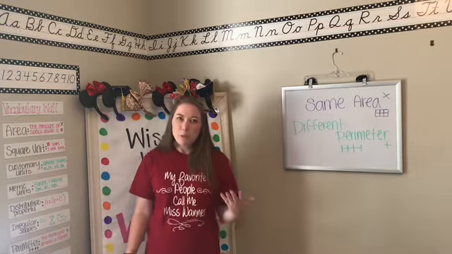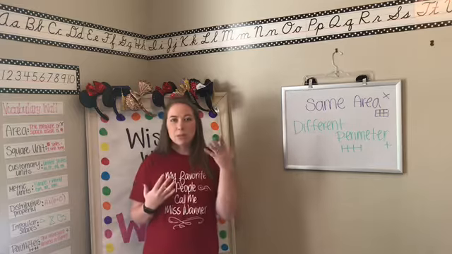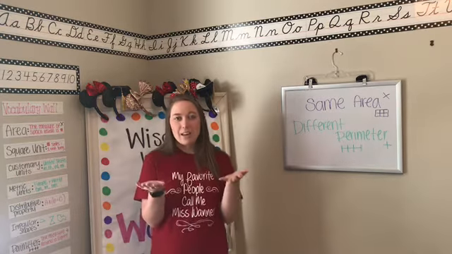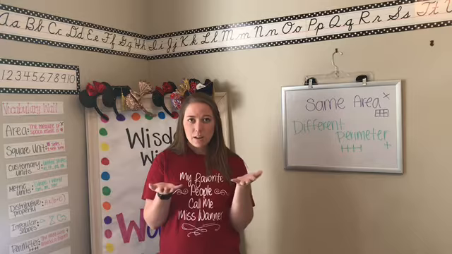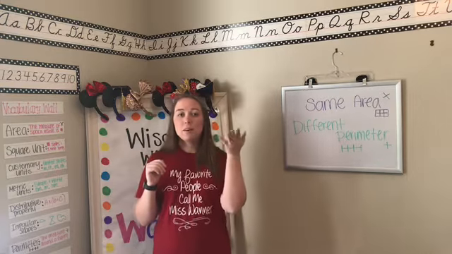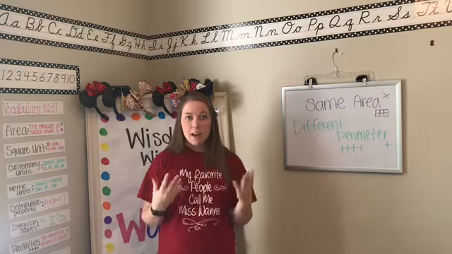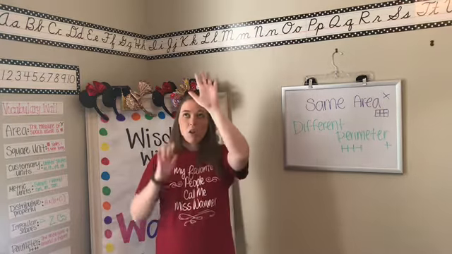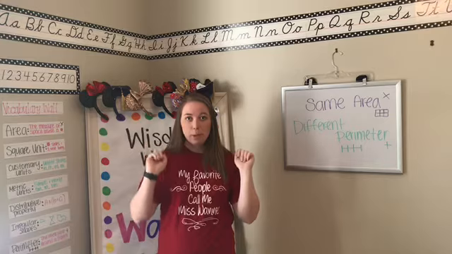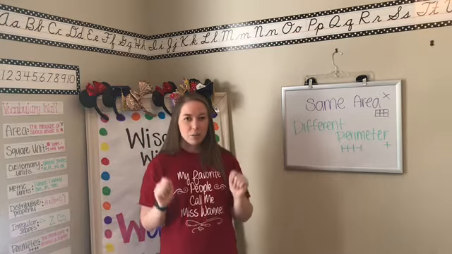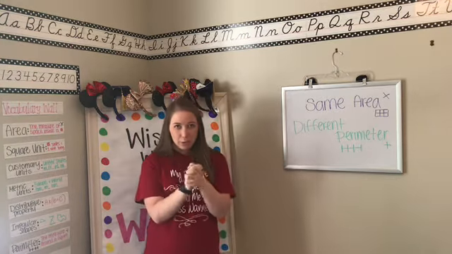And then we reviewed perimeter again because we were struggling between the perimeter and area and how to distinguish those. And so we reviewed that the perimeter is the outside of a shape, or our fence, and that we add all the sides of a shape to find the perimeter. And I also realized that I have a little clue for you guys.